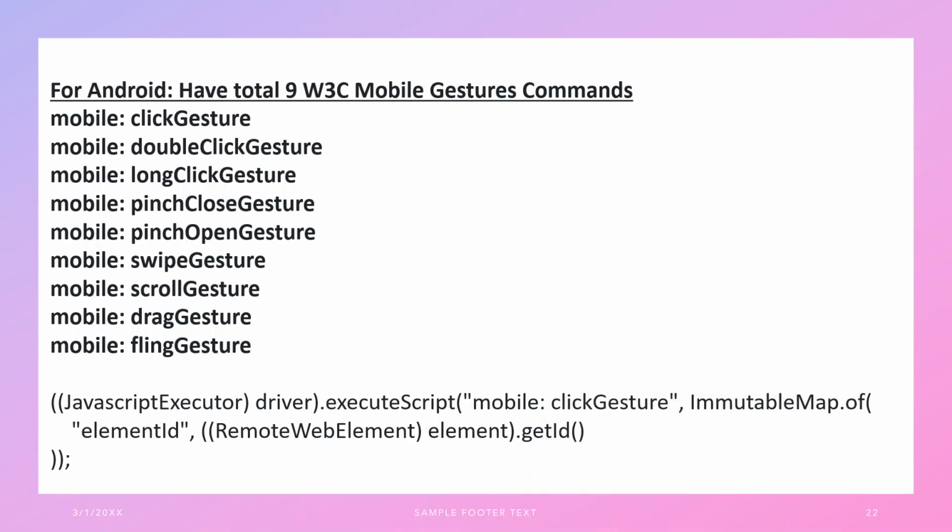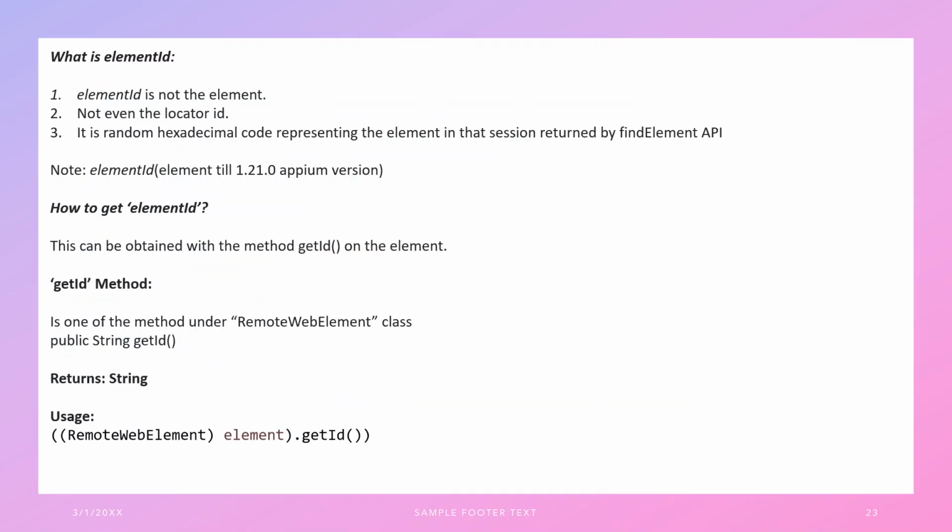First, we'll understand what exactly the element ID is. Element ID is not an element, and it is not even the locator ID. So what exactly is it? It is a random hexadecimal code.